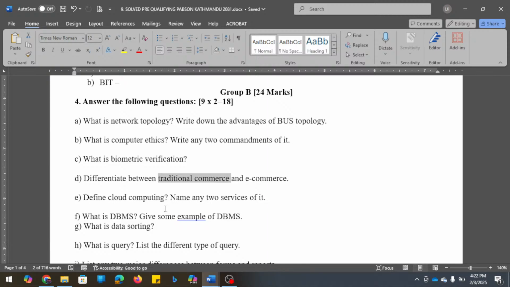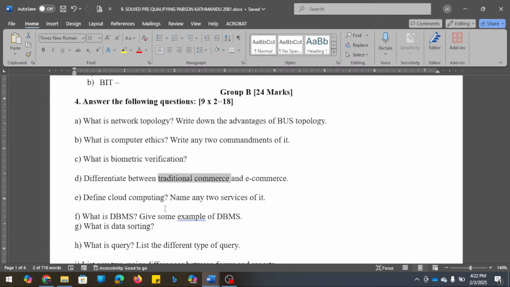We can upload our product and instantly get responses. When you talk about the reach of audiences and customers, traditional commerce is slow and low, whereas e-commerce is high and fast.